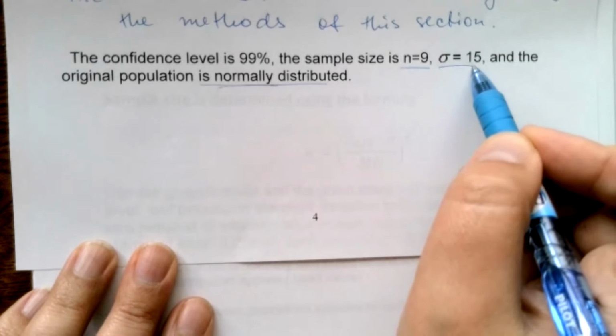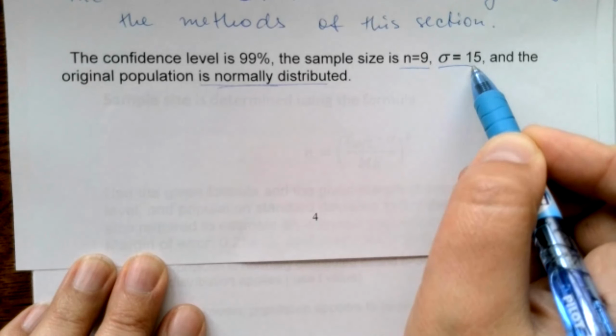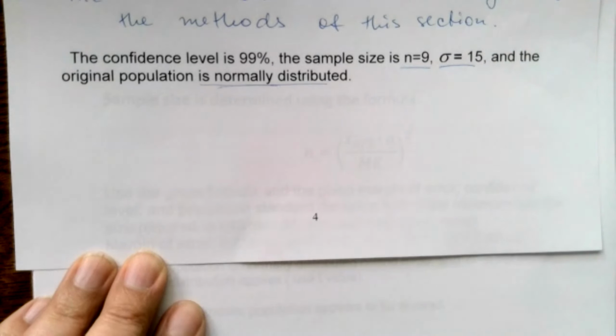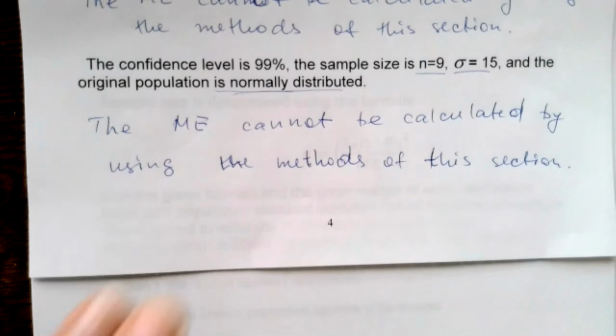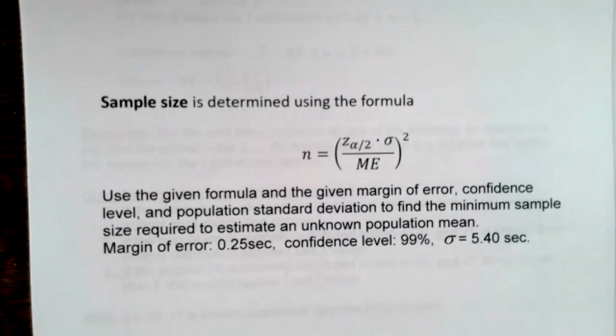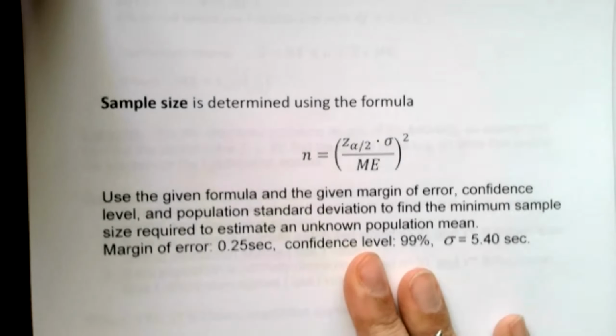However, we know sigma here, so this means that we cannot use this specific method. The margin of error cannot be calculated by using the methods of this section either. All right, next. I promise you we will calculate one soon.